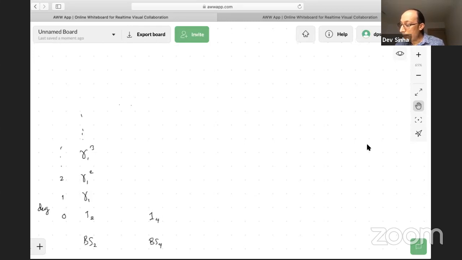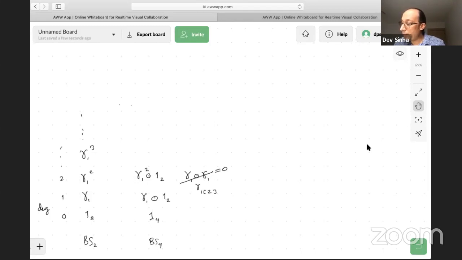Now, in degree 1, I can take gamma 1 and transfer product it with this 1_2. In degree 2, I can take gamma 1 squared and transfer it with 1_2. I could also imagine that I've got gamma 1 transfer gamma 1, but this is divided powers, so that's 0. So really what I want to say is I have gamma 1 divided power 2, and that's happening in degree 2.